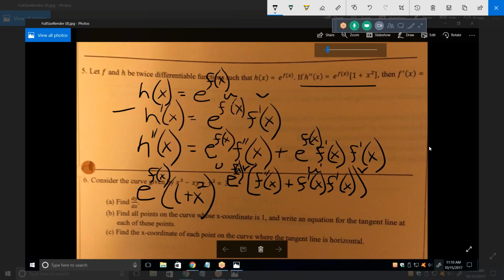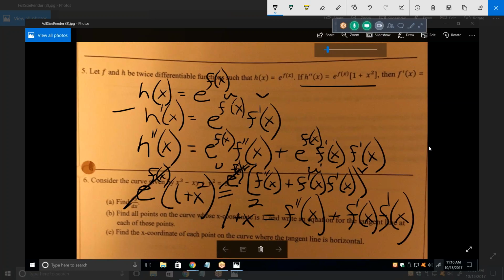Well, now this h double prime of x that I've written down here is equal to that. Notice that the e to the f of x's cancel from both sides, and I'm left with 1 plus x squared on the left side of the equation equals f double prime of x plus f prime of x times f prime of x.